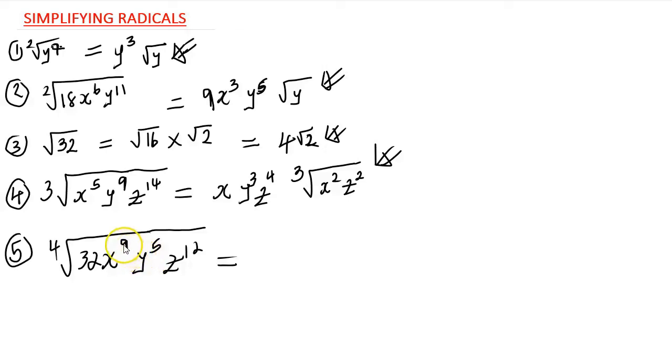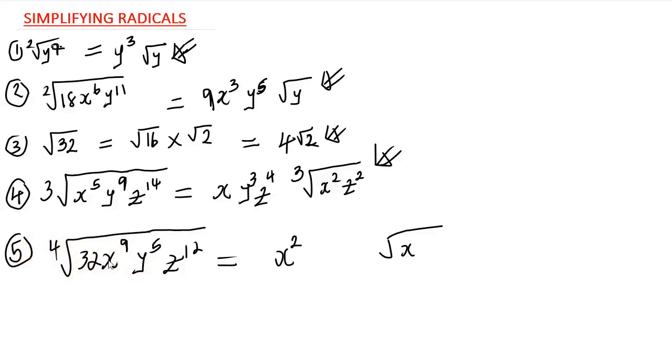How many times does 4 go into 9? 9 divided by 4 is going to give us 2 with a remainder of 1. So this is going to be s raised to the power of 2. Like I said, we need to put the remainder inside the root. So the remainder is 1.